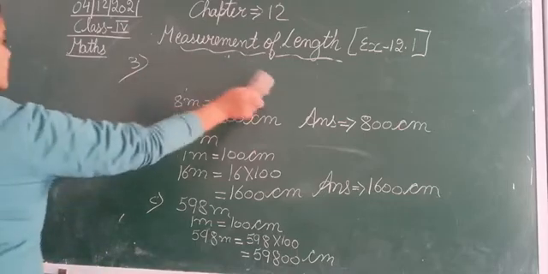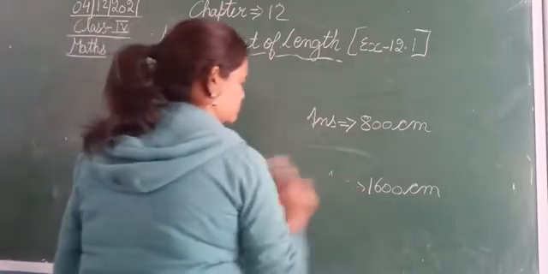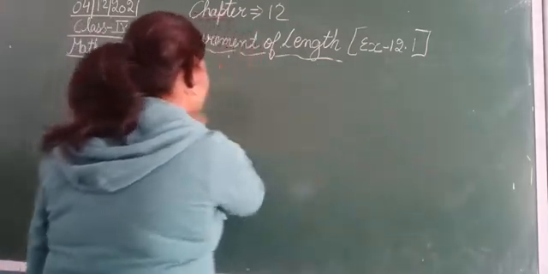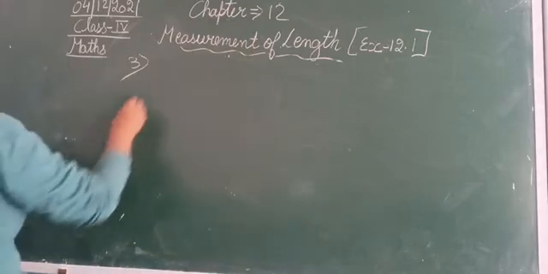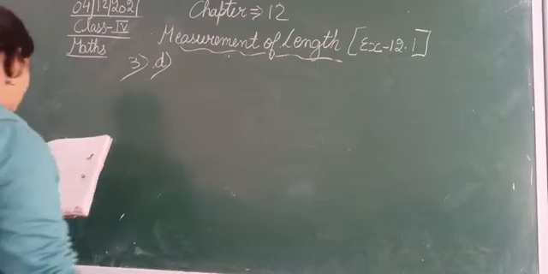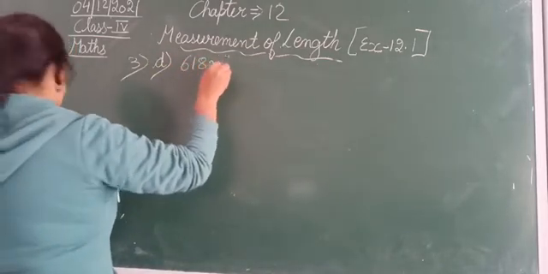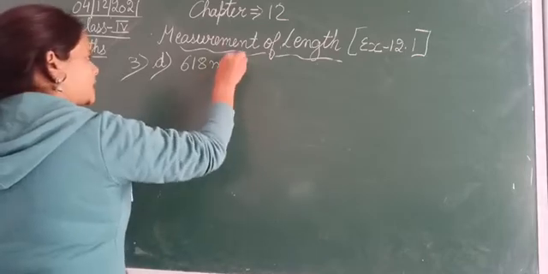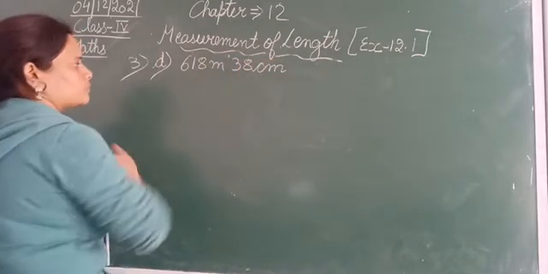Moving next to the D part. The D one is 618 meter 38 centimeter.